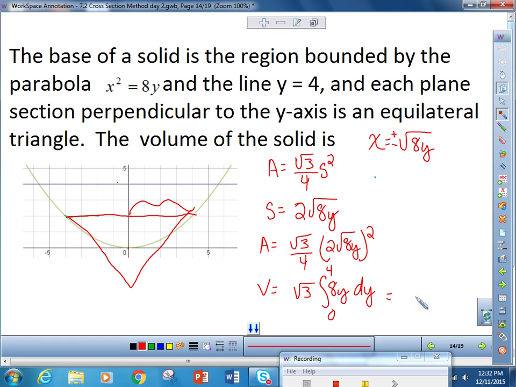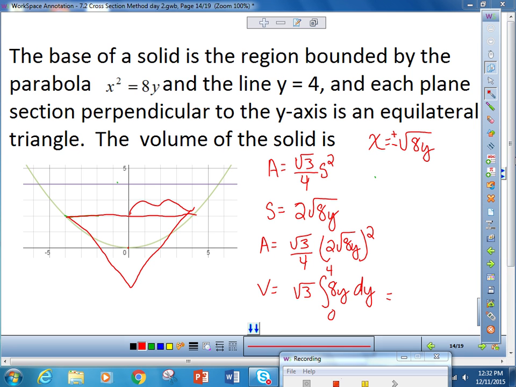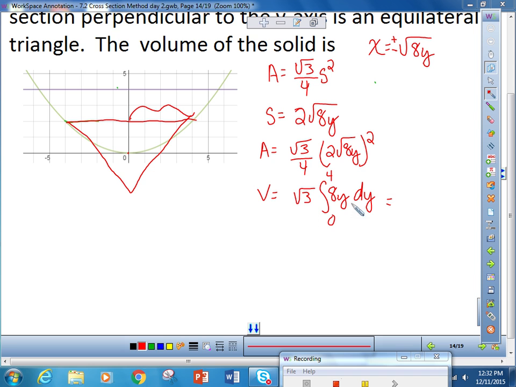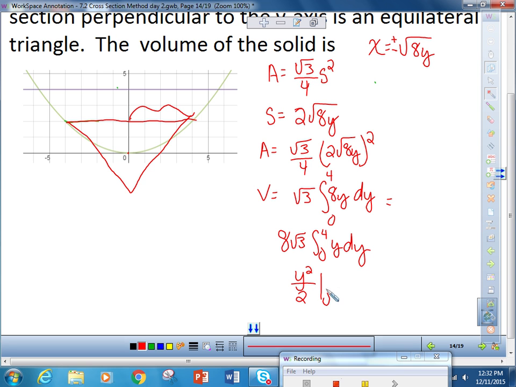Oh, it's multiple choice? So you don't have an answer? You want one? All righty. So we can take out the 8 as well. So we get 8 root 3 from 0 to 4 of y, dy, and that would be y squared over 2, integrated from 0 to 4, which would be 16/8 times 8 radical 3.